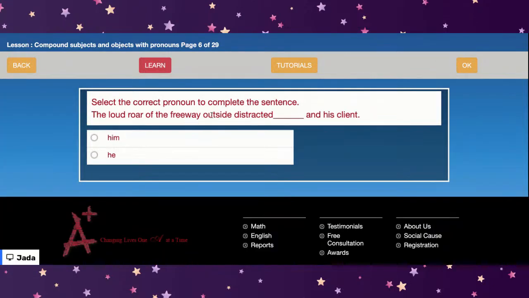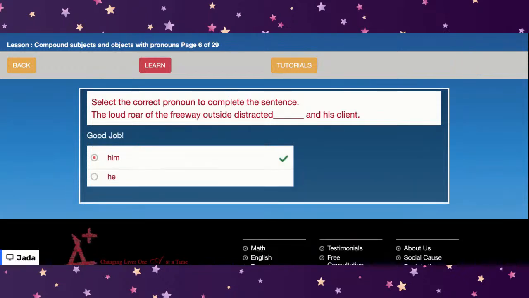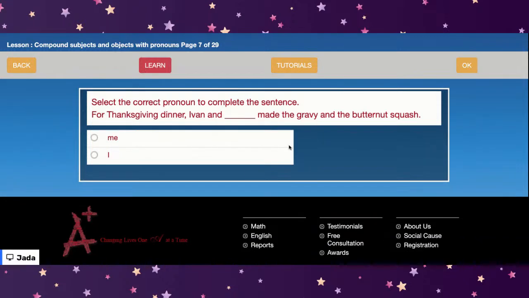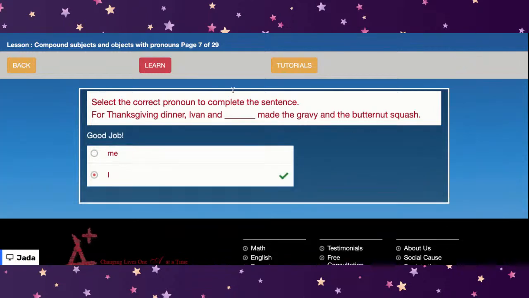The loud roar of the freeway outside distracted him and his clients. So, him and his clients. For Thanksgiving dinner, Ivan and Dash made the gravy and butternut squash. So Ivan and I; you can say I made the gravy and the butternut squash.